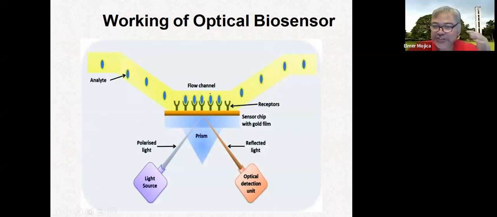So you pass it through a flow cell or a flow channel. So if you have there an antibody or a receptor, once it binds there, what does it do? Either the absorbance goes up or the absorbance goes down. But you can only monitor it if the light source is put to that. So any changes of the absorbance should be related to the concentration of your analyte.